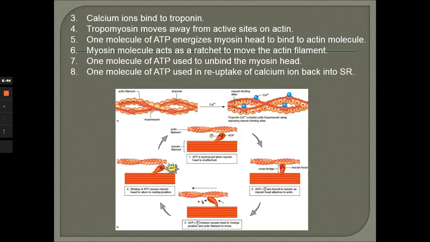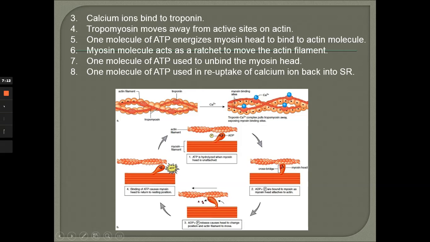One molecule of ATP energizes myosin head to bind to an actin molecule. Number 6. The myosin molecule acts as a ratchet to move the actin filament. So, right over here, it will actually bend in order to ratchet and push the actin molecule, the actin filament.